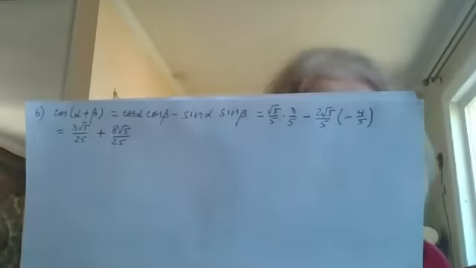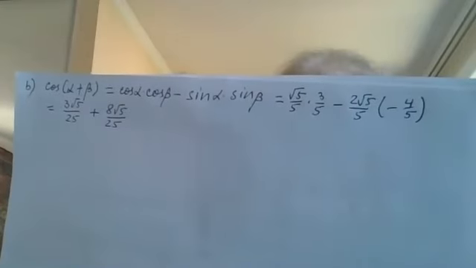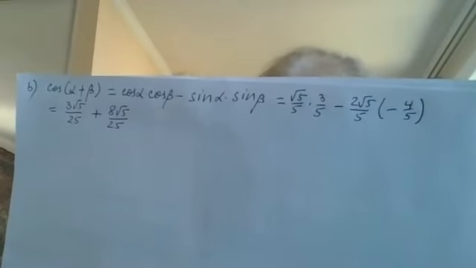Plug these numbers. And now, continue. 3 square root of 5 over 25 minus, in front, minus in parentheses, it will be plus 4 times 2 square root of 5, 8 square root of 5 over 25. These two fractions carry the same denominator.